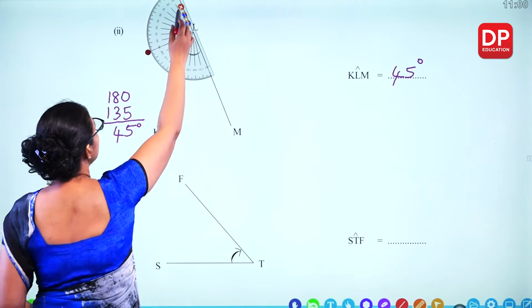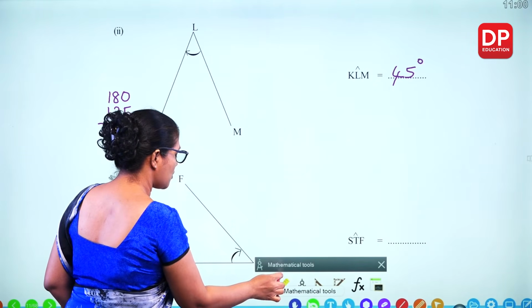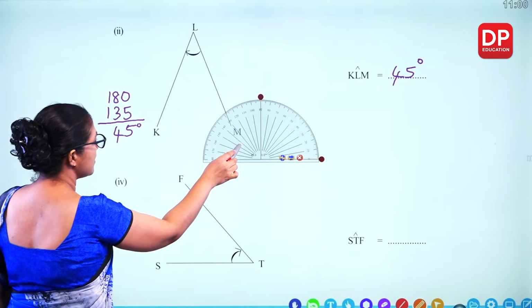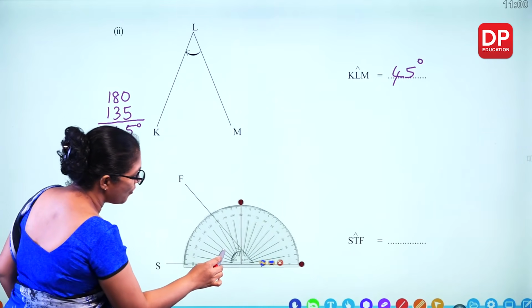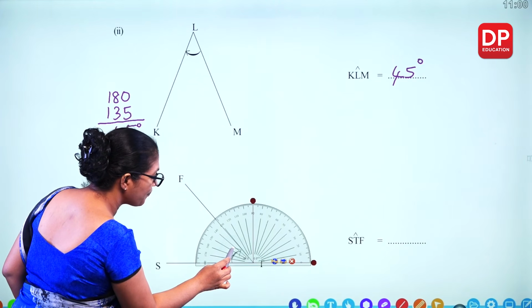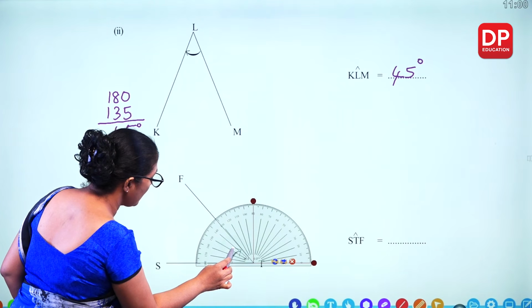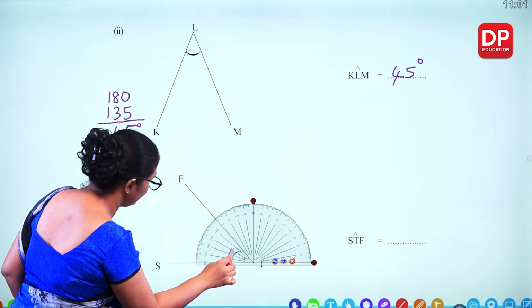Now this one, that's also an acute angle. So you keep the protractor. The baseline is ST now. And the origin point T. STF angle.